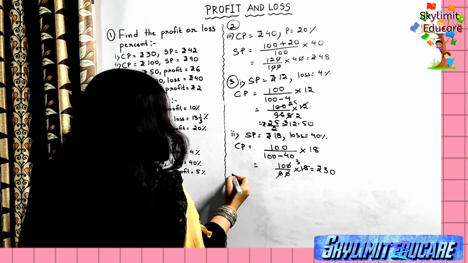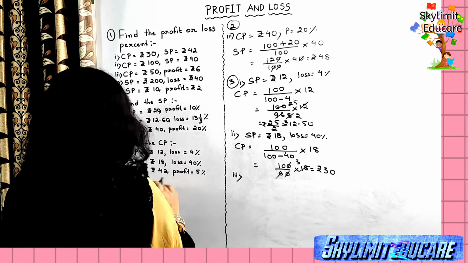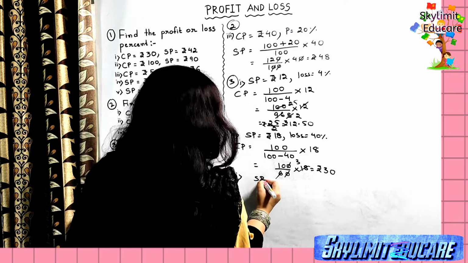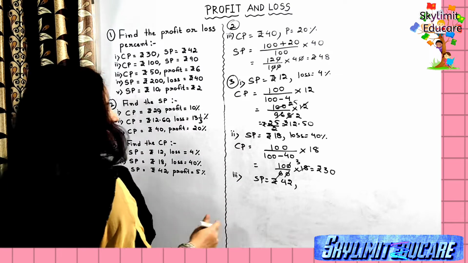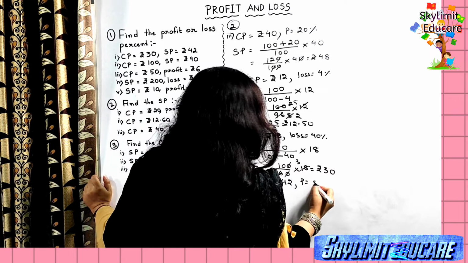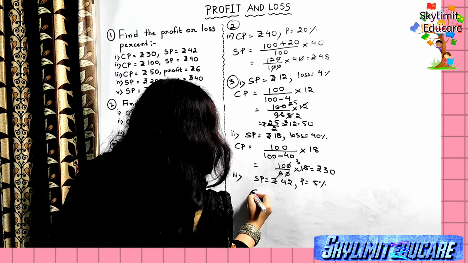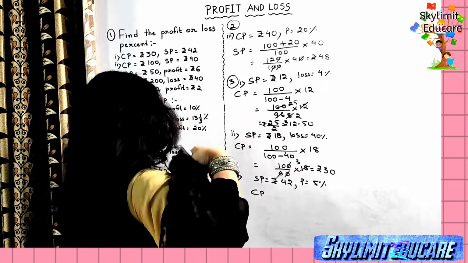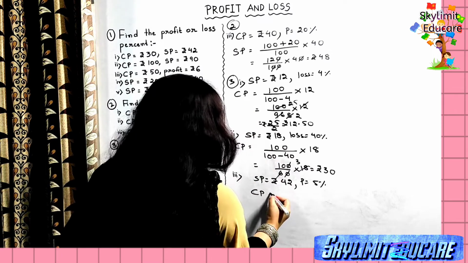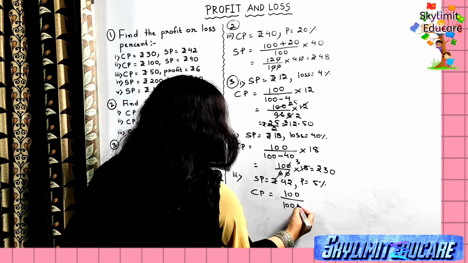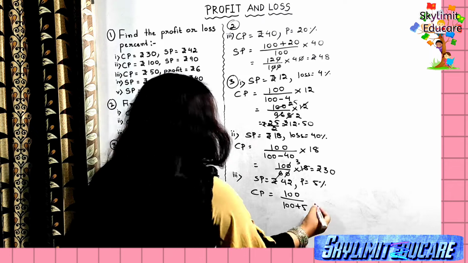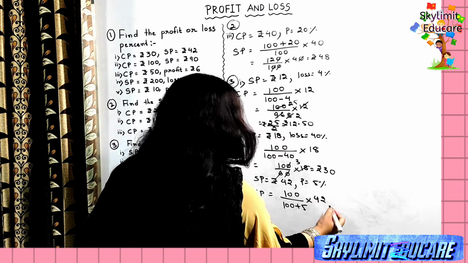So now the third bit. Selling price is 42 rupees and you have a profit of 5%, right? So let's find out the cost price. Very simply you're going to find out, students, right? Cost price, what is the formula? 100. So now it's a profit, so it will be 100 plus profit percent. Clear? Multiplied to the selling price, that is 42.